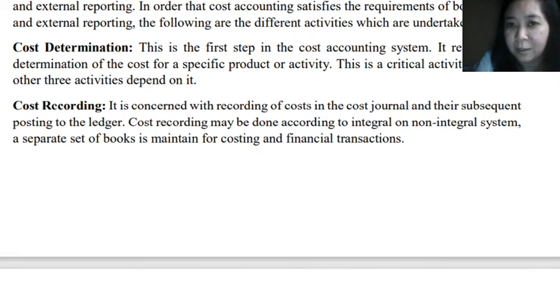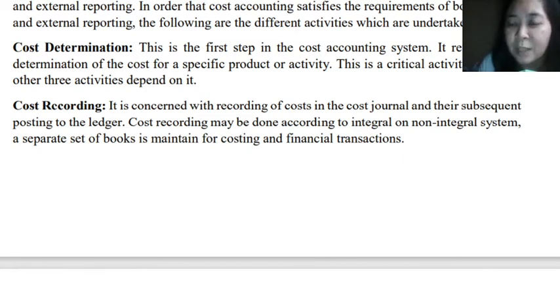Basically, this is what we meant earlier, that under cost accounting, the data are mostly used by the management for internal reporting purposes. So that's why in the field of cost accounting, the entity may have separate books for the costing and for the financial transactions.